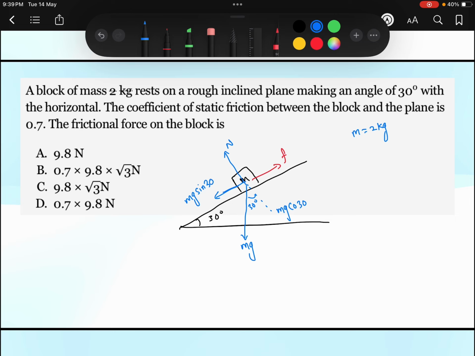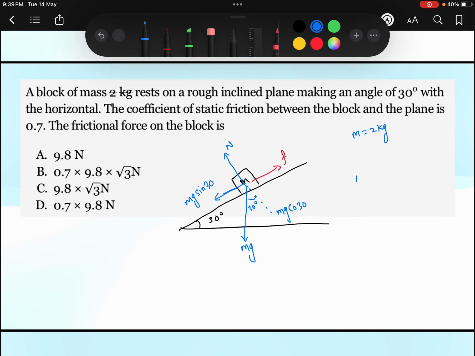Okay, so I will be writing the forces that are perpendicular to this plane. That means normal force will be balancing this mg cos 30, that is equal to the value of normal we are getting here, that is mg cos 30.